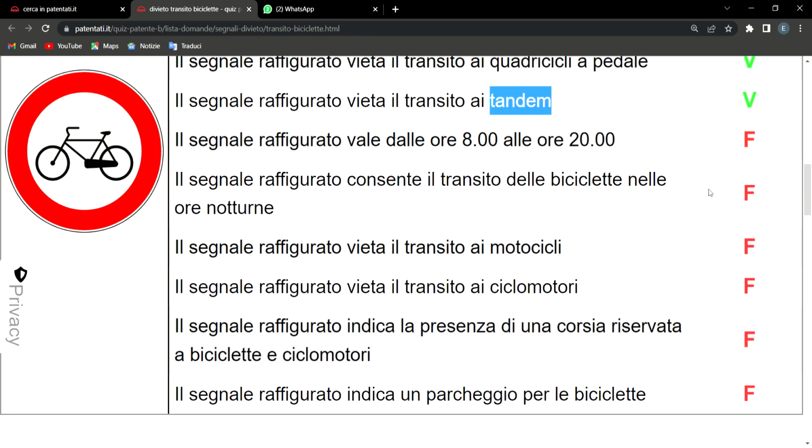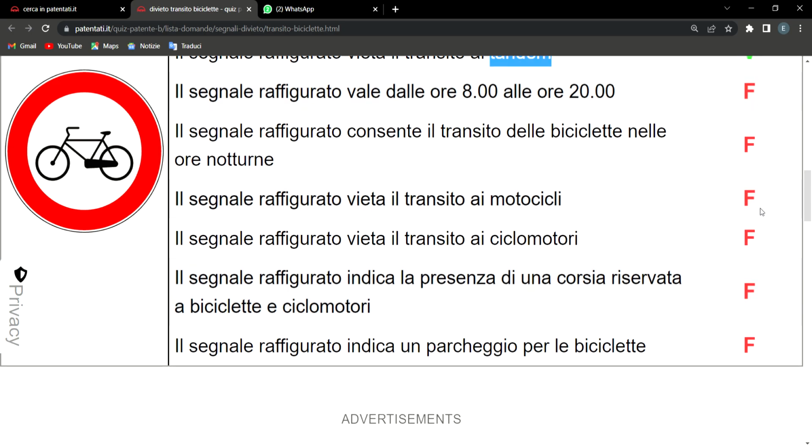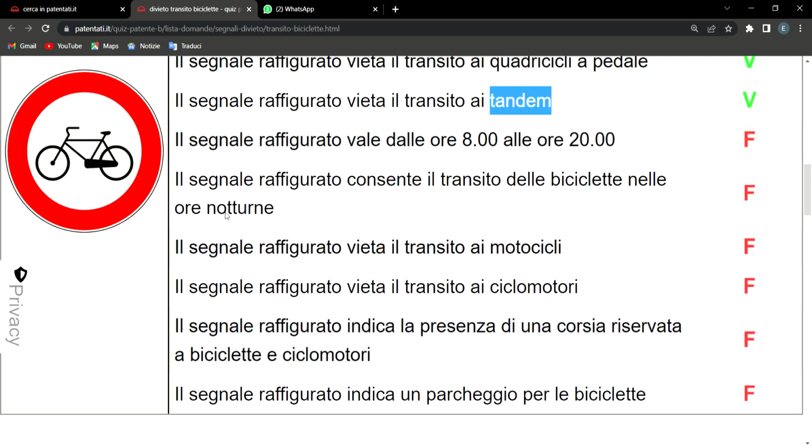And again, we have some other questions that are false. So now let us quickly consider the reason why all these ones are false. It says il segnale raffigurato vale dalle ore 8 alle ore 20.